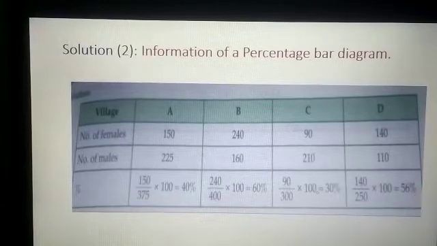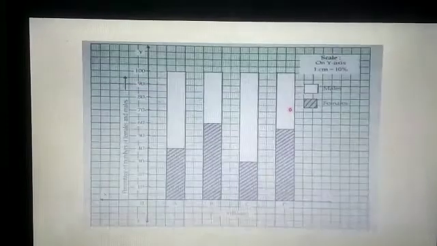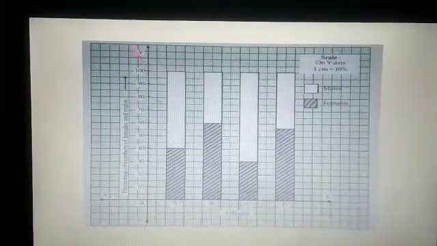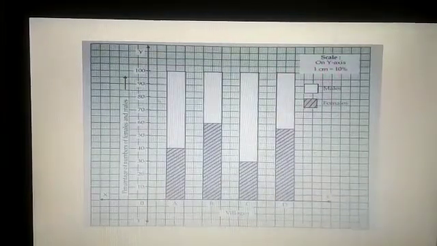Now let's show these percentages of village A, village B, village C and village D in a percentage bar diagram. So first, village A is 40%. Now first of all, we will draw the X axis, then we will draw the Y axis.